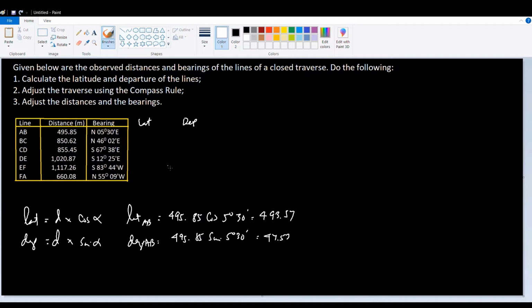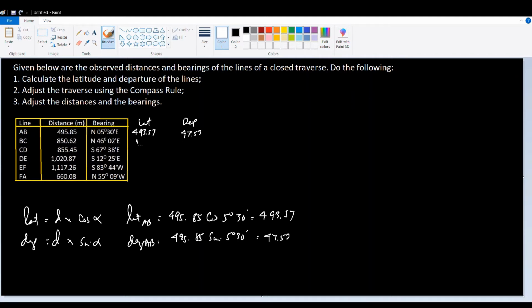They are both positive since the line is in the northeasterly direction. So we can tabulate it now: 493.57 and 47.53.